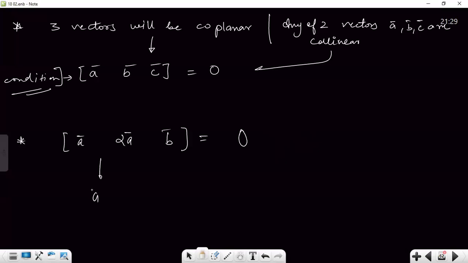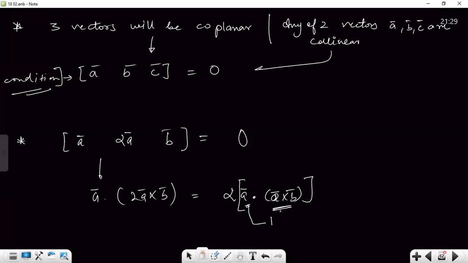It means that A vector dot product with 2A cross B. We can take 2 out. So let's bring the 2 out of the picture, right? So 2 into A vector dot A vector cross B vector. Now A vector cross B vector will be perpendicular to A. So if these two are perpendicular, the dot product will be 0. 2 into 0 will be 0. That is why it is 0.